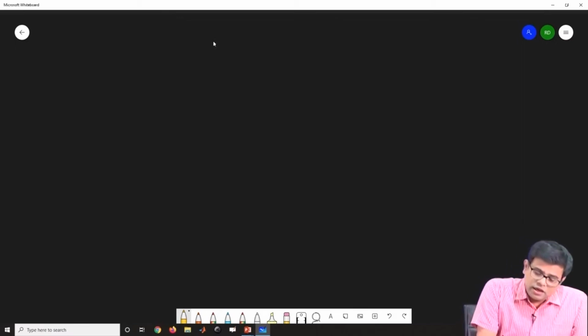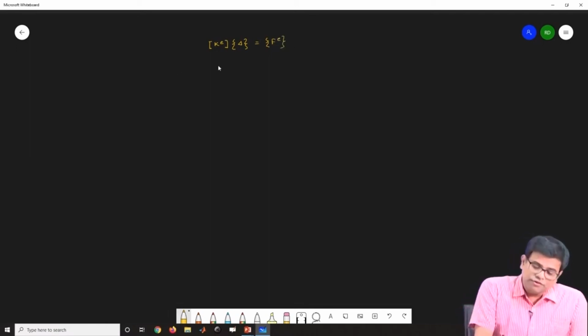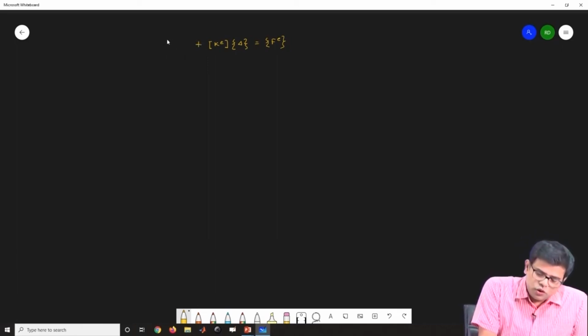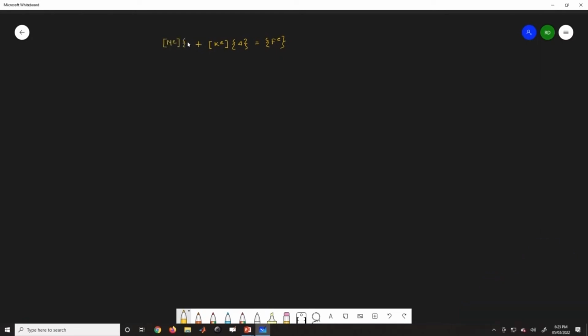So, we have done the matrix form of this equation, that is Ke, the elemental stiffness matrix, into delta equals Fe. This is for a static problem. If you want to consider the dynamic problem, then you have to add the mass matrix too, that is Me and then delta double dot.